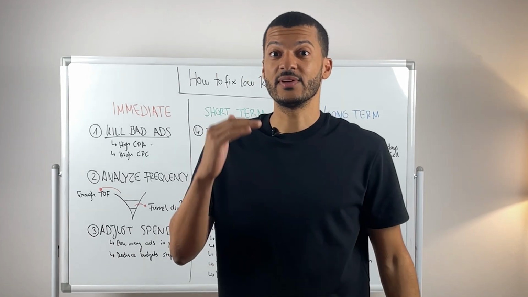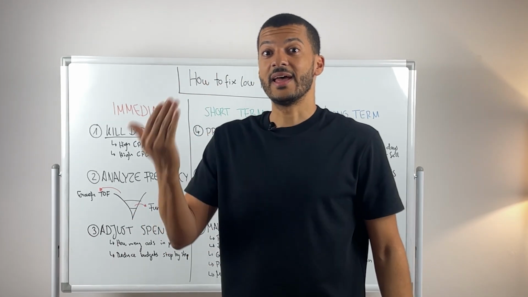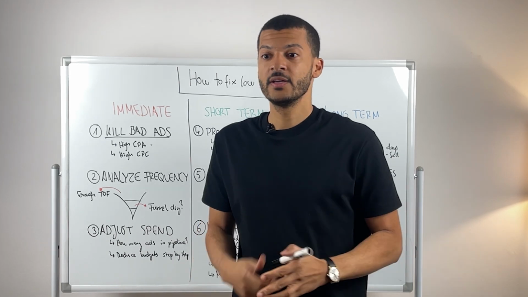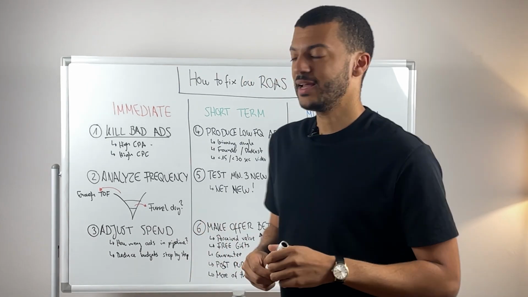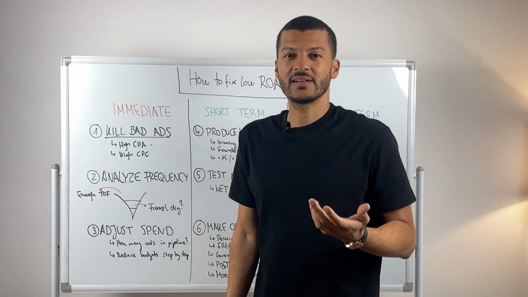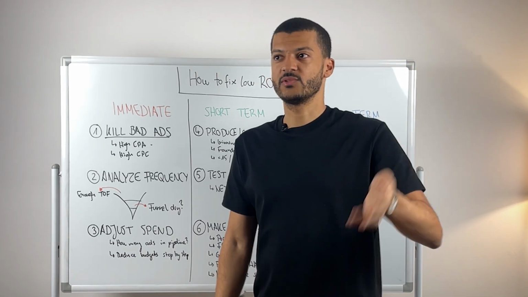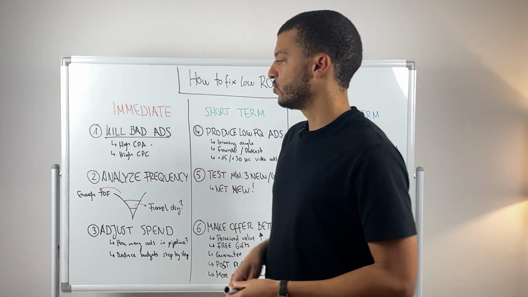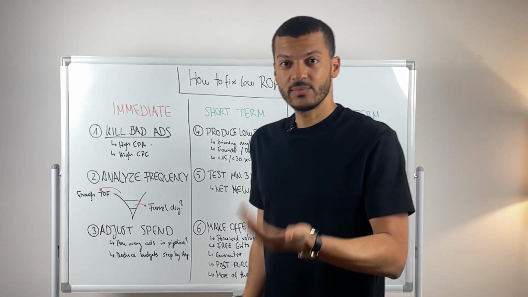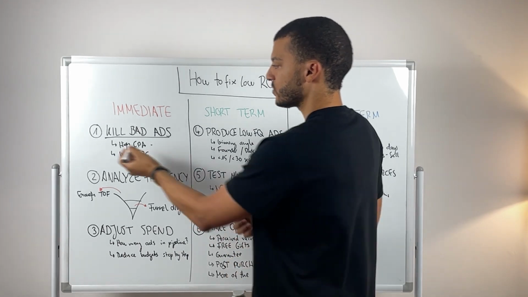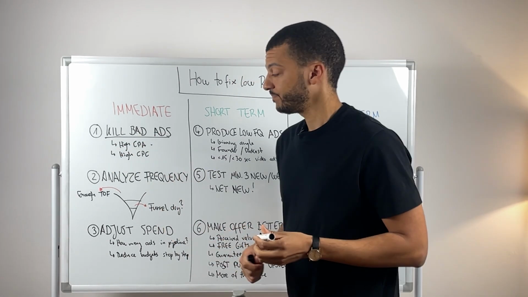So if it's normally $2 and now it's $4, this means your conversion rate has to double. So you have to take this into account. And what I always ask is, if something has a super high CPC, what's the likelihood that the conversion rate all of a sudden triples? Very low. So I'm not going to test it and give it more time if I already have better ads. So basically, just make sure you spend on the best ads.